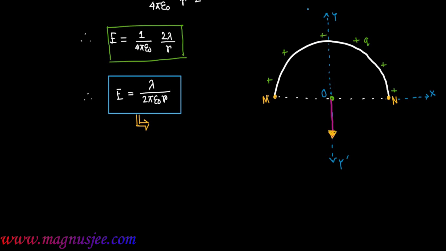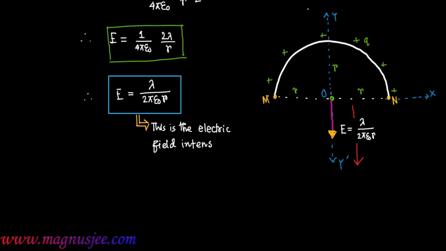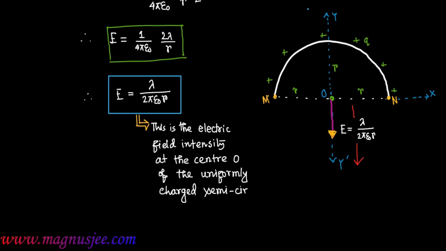At the center O, the resultant field intensity E equals λ/(2πε0 r), which acts radially outwards, which acts vertically downwards with respect to this semicircular arc, and E equals λ/(2πε0 r) is the electric field intensity at the center O of the uniformly charged semicircular arc MN, and it acts radially outwards.